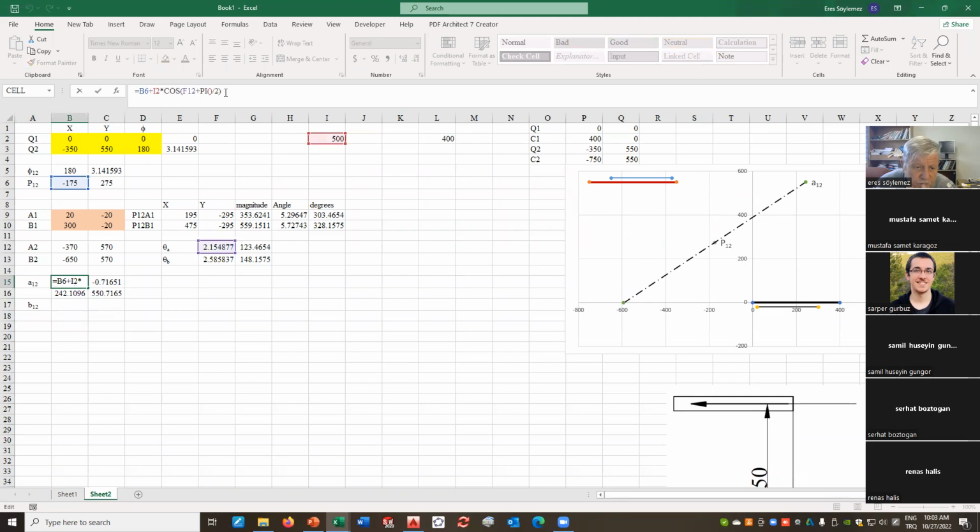Let me fix some certain cells over here. Number one, I'll fix this one. This one. That's it. These are fixed for B as well. That's why I'm doing it.